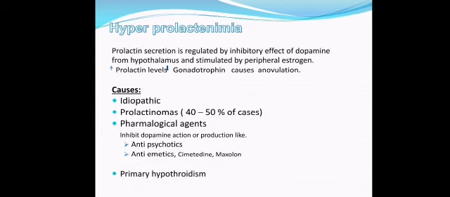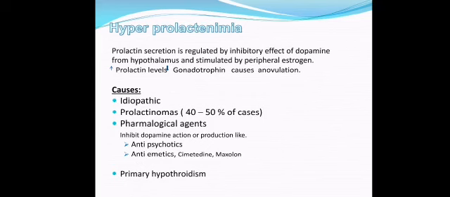Now hyperprolactinemia. Prolactin secretion is regulated by the inhibitory effect of dopamine from the hypothalamus and is stimulated by peripheral estrogen. Increased prolactin level will cause a decrease in gonadotropin. When there is decreased gonadotropin available, there would be reduced estrogen and there would be anovulation. Causes can be idiopathic or formation of a prolactinoma.